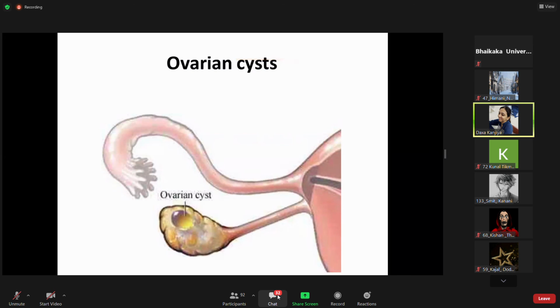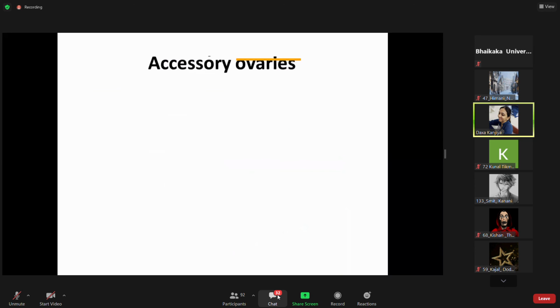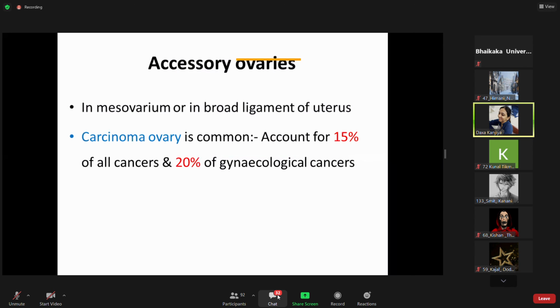Ovarian cyst, here you can see the ovary, is due to developmental arrest of the ovarian follicle, at one of the stages of the ovarian follicle. Accessory ovaries may be present in the mesovarium or in any part of the broad ligament of the uterus. One clinical condition is carcinoma of the ovary.